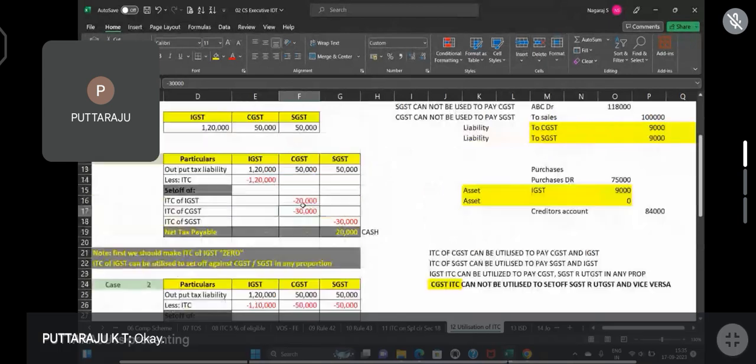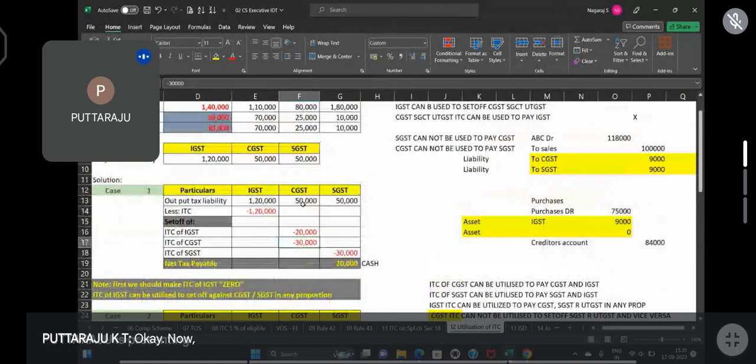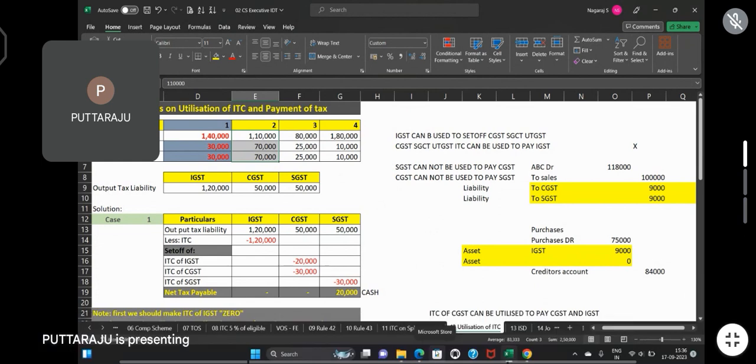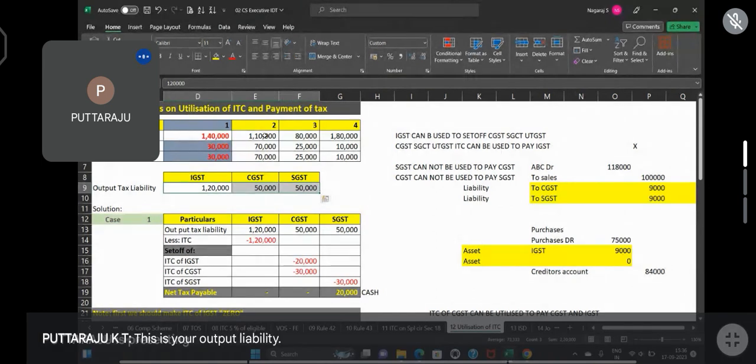Okay. Now, can you guys tell me what is the answer for the second scenario? This is your output liability. This is the second scenario of ITC available.